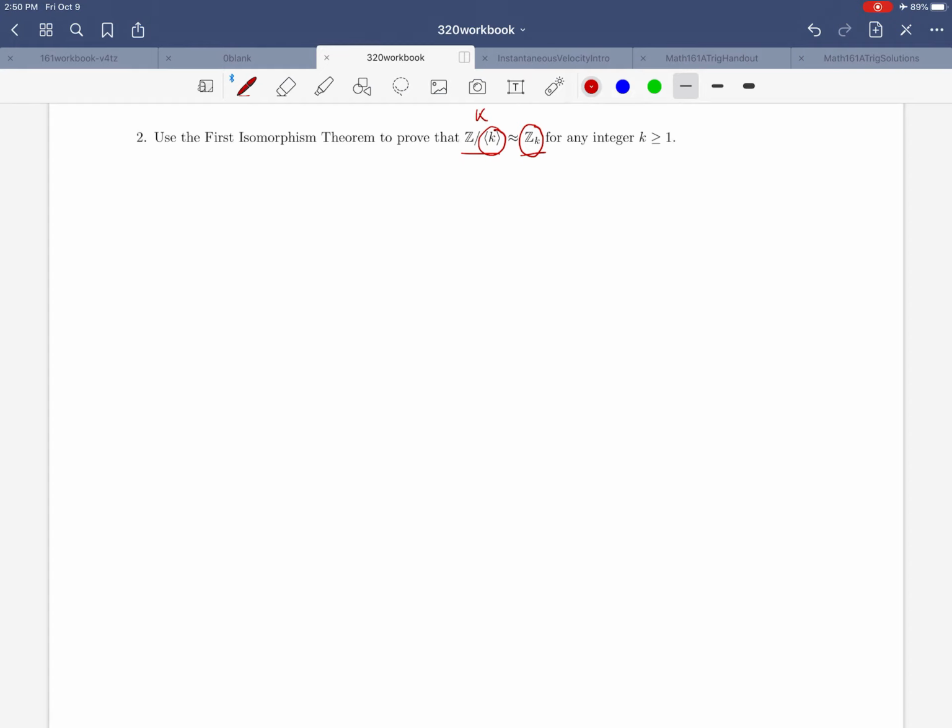So we need to find a homomorphism that has a certain kernel, and then we have to show that the group on the right hand side, Z_K, is the image of that homomorphism.